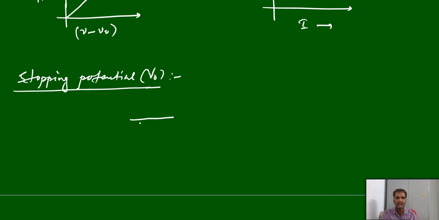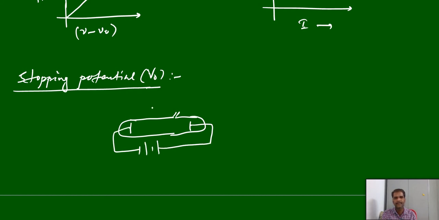Again, look at the photoelectric effect phenomenon we have just studied. You connect this externally to the battery. When light of suitable frequency strikes the metal surface, electrons can eject from the metal surface, and these electrons move towards the anode, and some photocurrent can be generated.